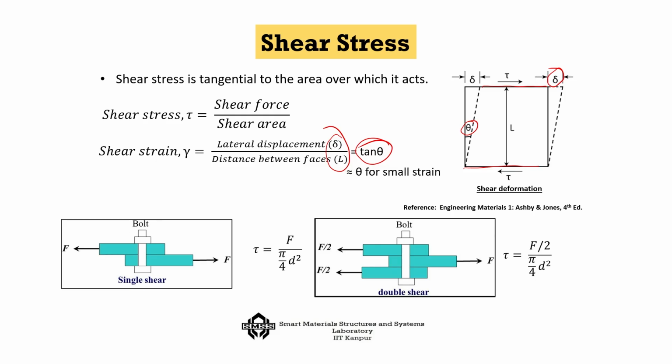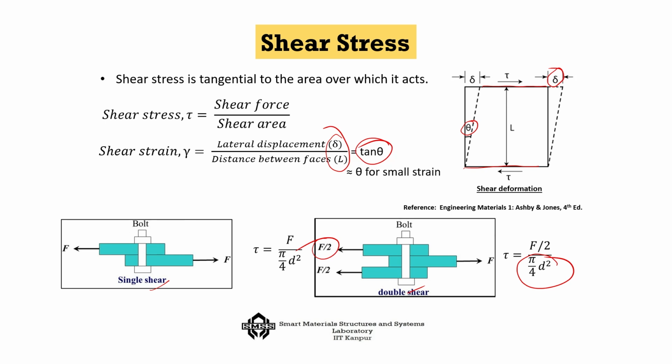That is the shear strain, and the shear stress is force over the area, as in a single shear or a double shear. Whatever force is coming, like F by 2 in this case, and whatever area it works on, that is the shear stress.